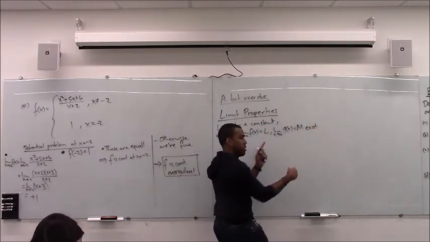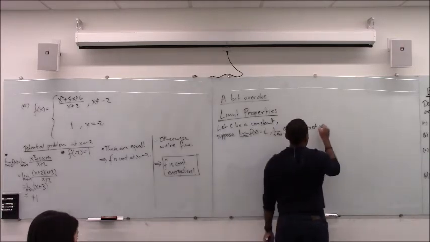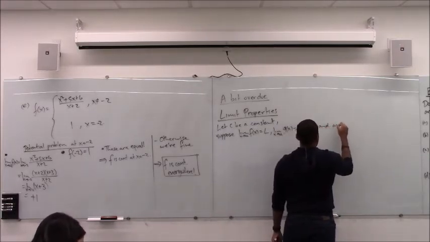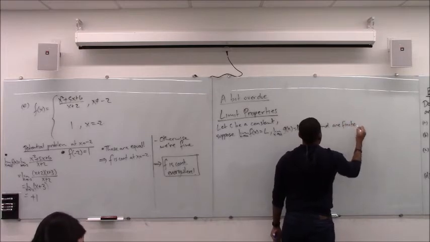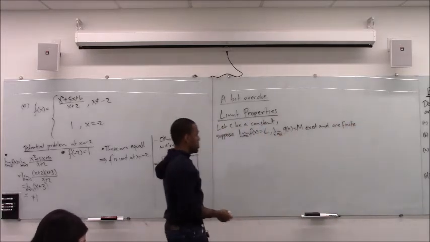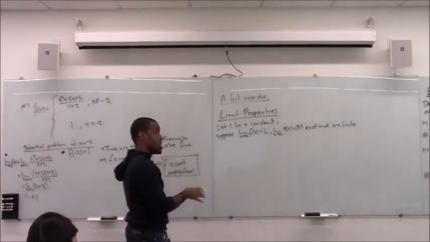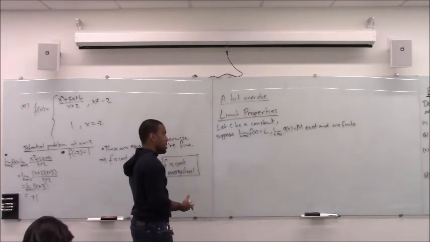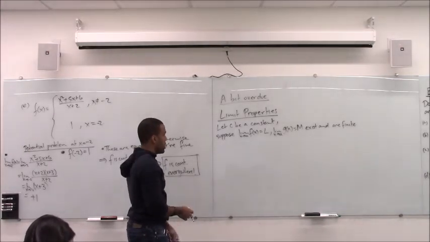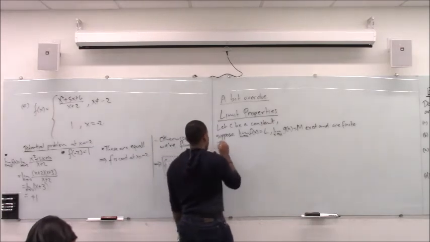So these cannot be DNE, for example, and are finite. Not only do they exist, but they can't be infinity. They are actual numbers. Then the following hold.